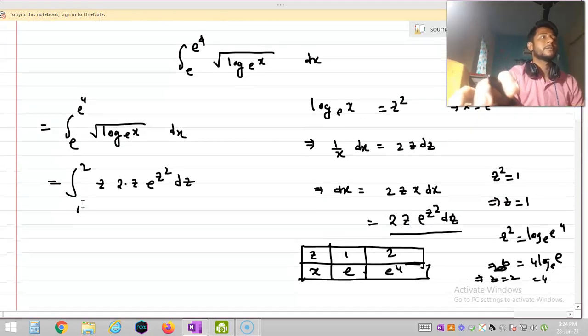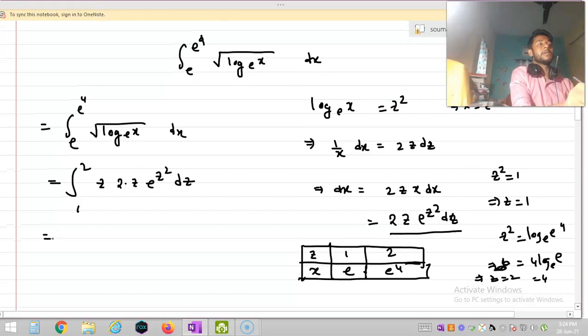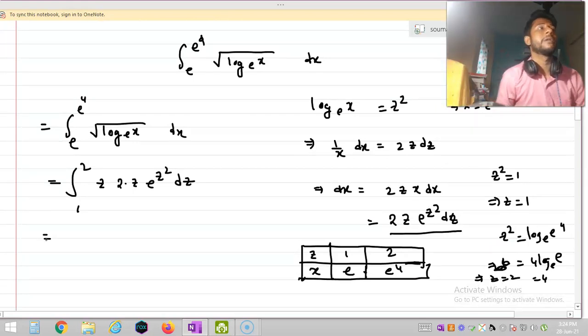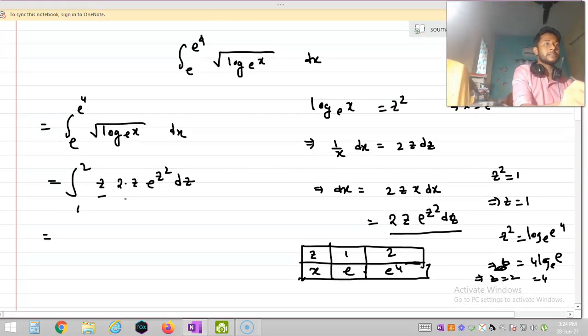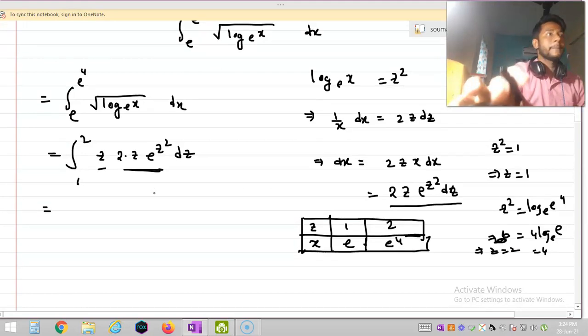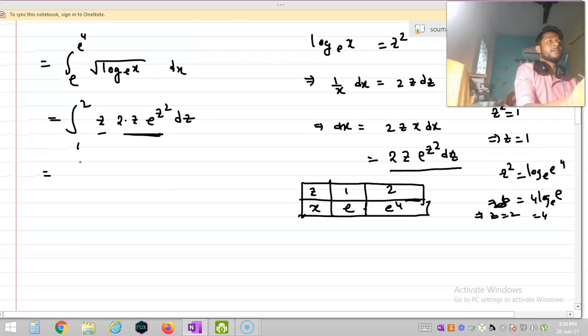Now I will use the usual integration by parts method to integrate this, where z is the first function and this is our second function. The first function remains as it is, and we just need to integrate 1 to 2 of z e to the power z square dz.